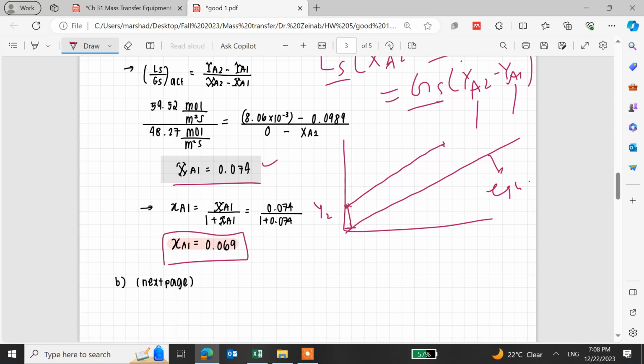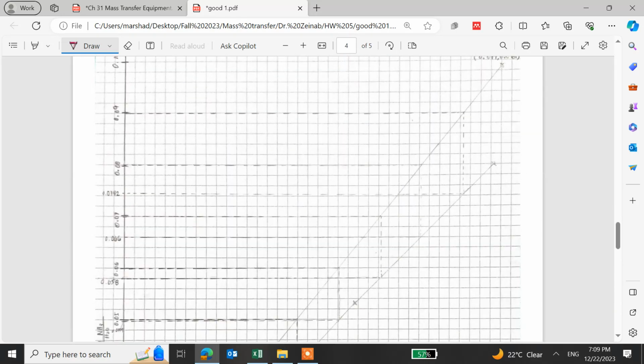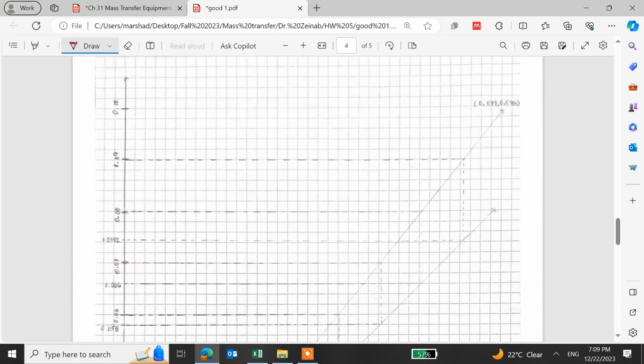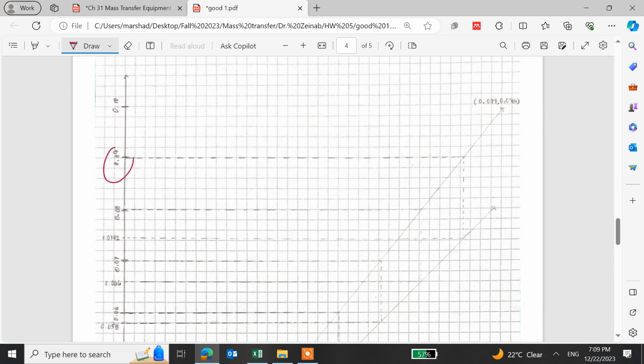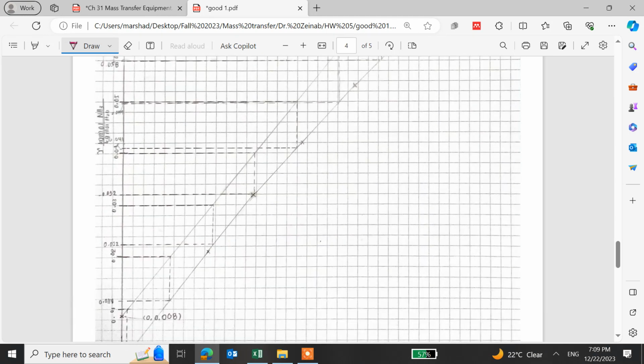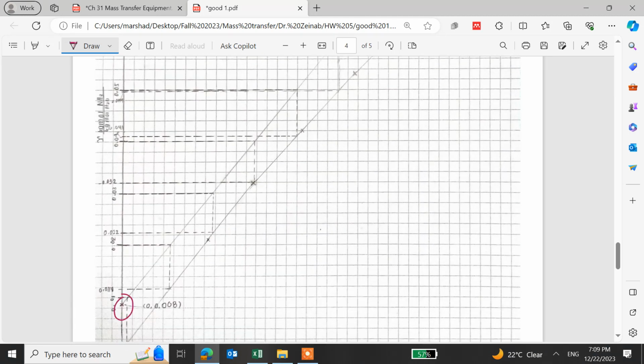Similarly, we have this data point. Read this, get y2 star. Read this like this up to the value of y1. Okay, so here is the solution. You can see this is the y2, and this is y1.